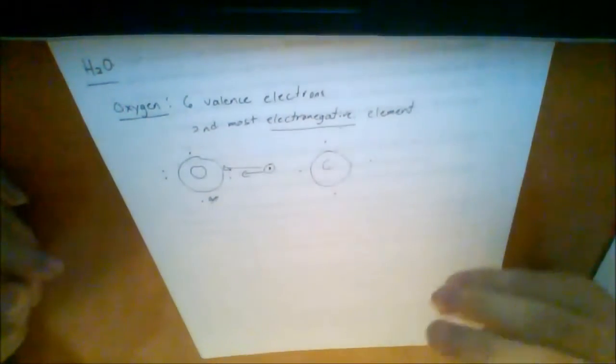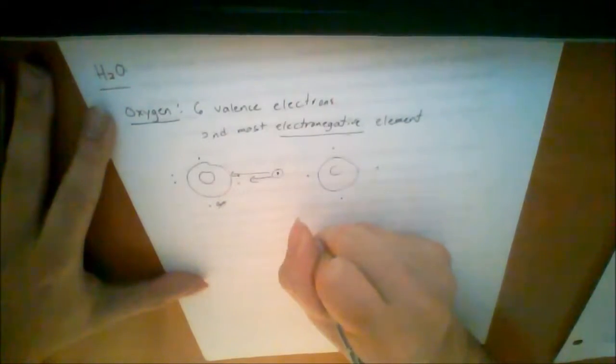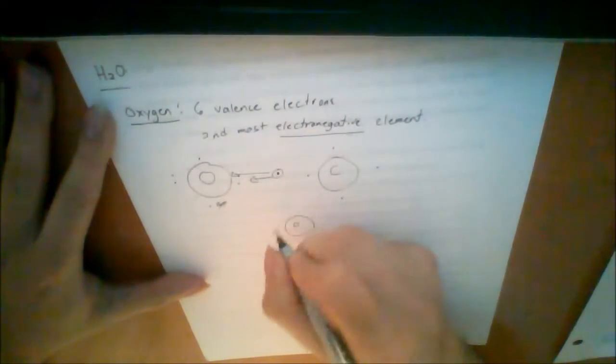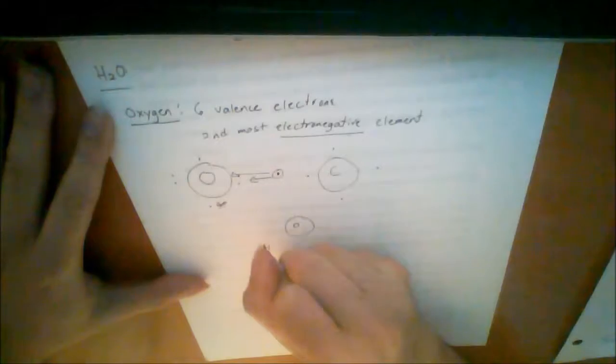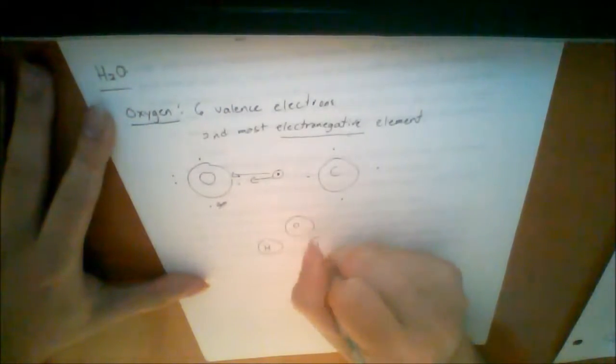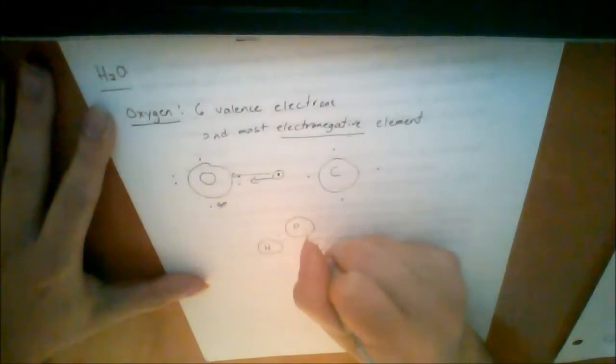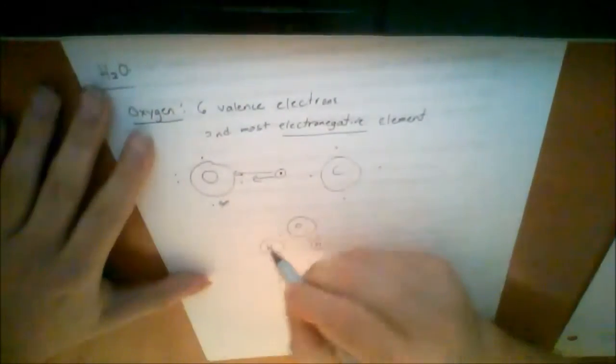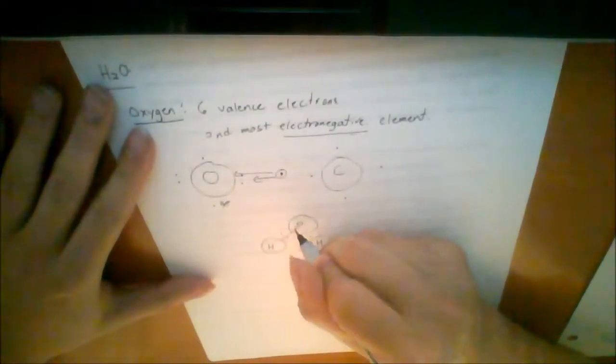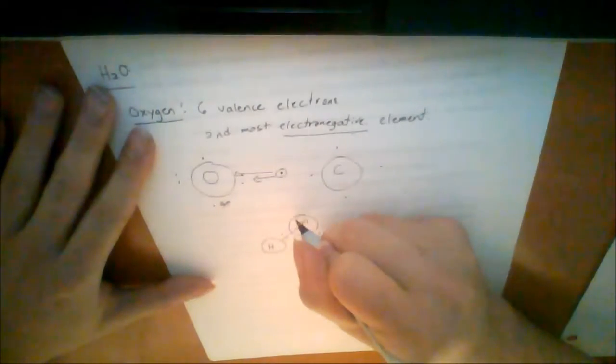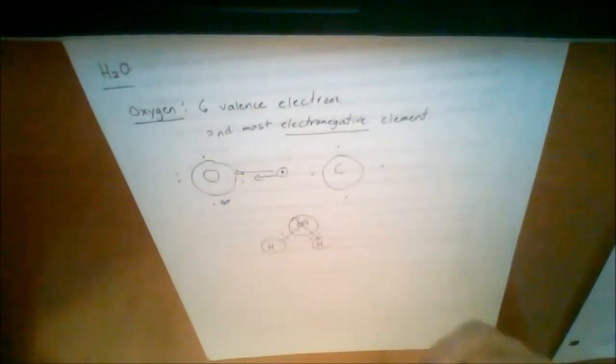So, knowing this, when it combines with hydrogen, let me draw that out. Oxygen is here, hydrogen is here, and hydrogen is here. And they share electrons. When they combine with hydrogen, the pull is so much stronger than the hydrogen that it becomes unbalanced.